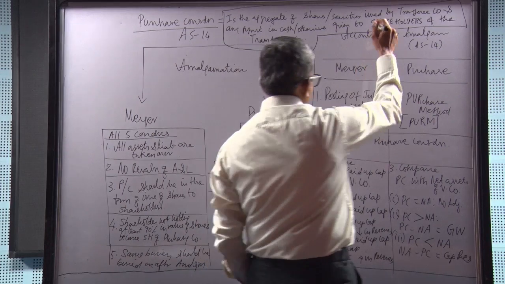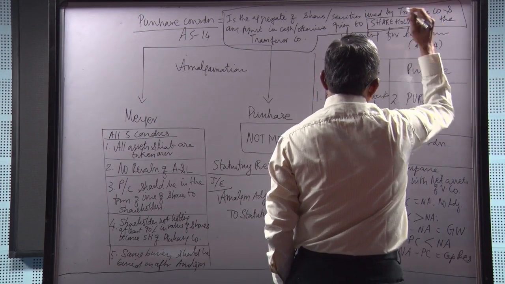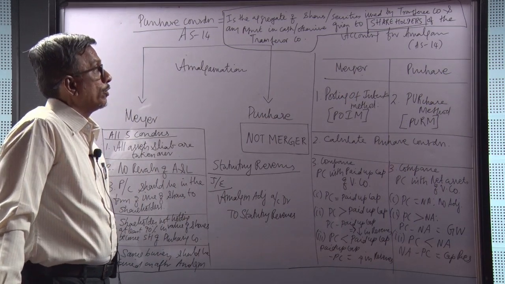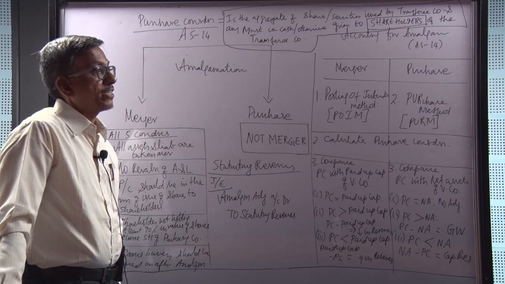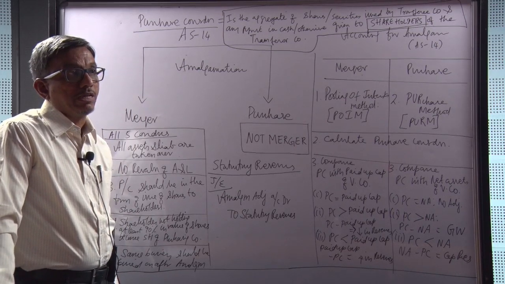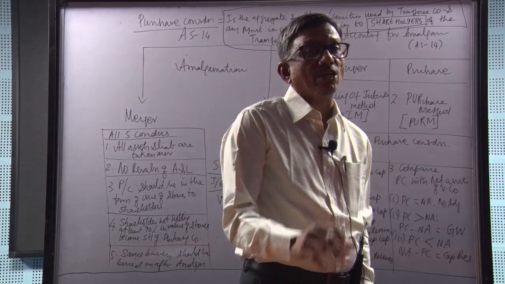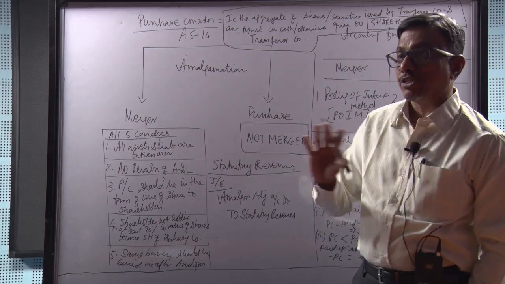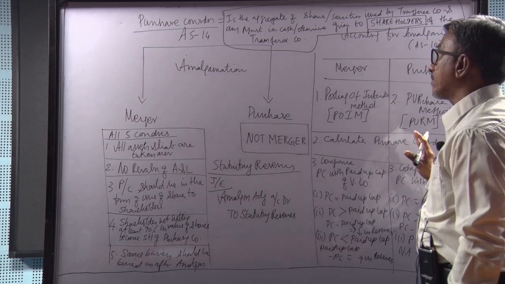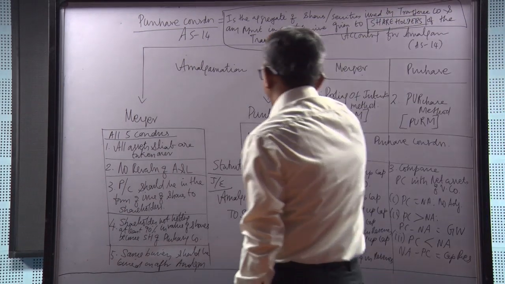So the most important words in this definition are, given to the shareholders. Just now I told you, if any cash is given to the creditors, if any shares or debentures are given to the debenture holders, that should not be considered. So what should be considered as purchase consideration? Only that which is given to the shareholders of the transferor company.